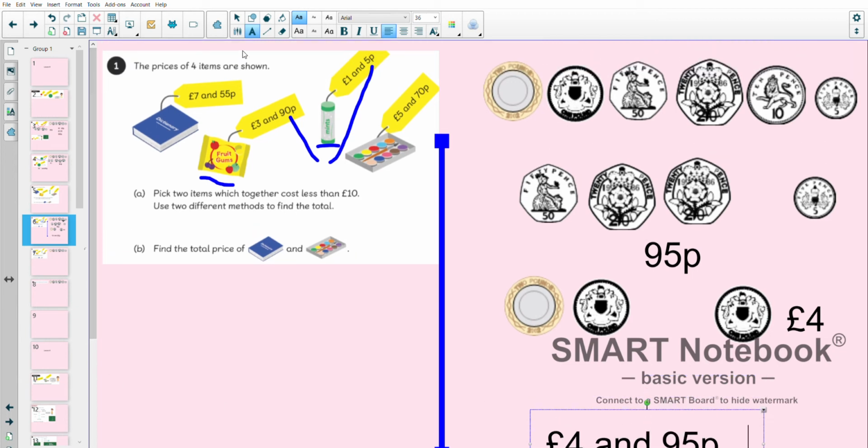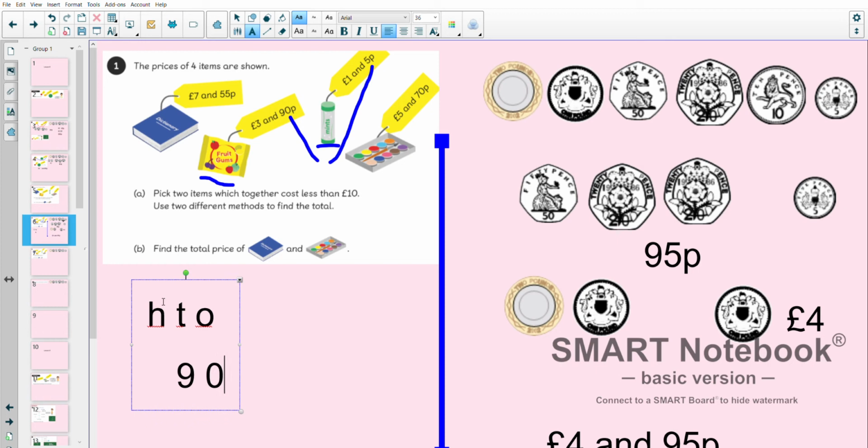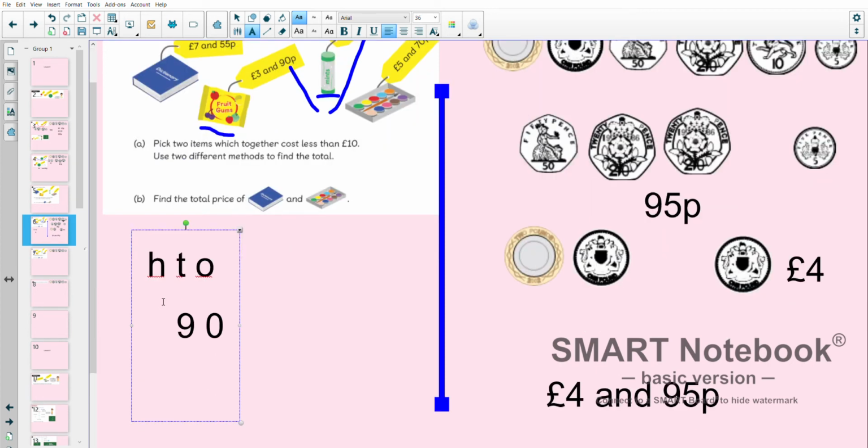The other way of doing this is a formal method, where I get my hundreds, my tens and my ones, and I start by adding the ones together. I've got 9 tens, and I'm adding 5 ones.